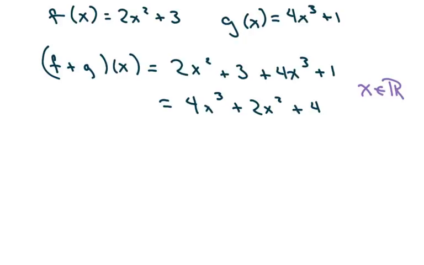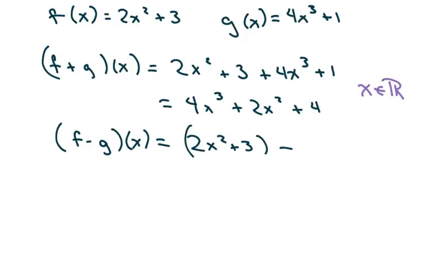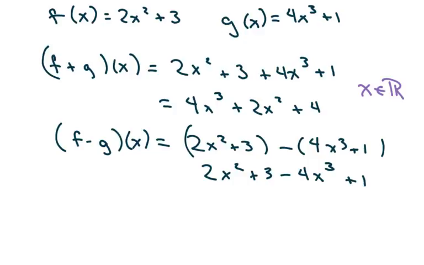Then we're going to do the minus one, the difference. So you get 2x squared plus 3 minus 4x cubed plus 1.